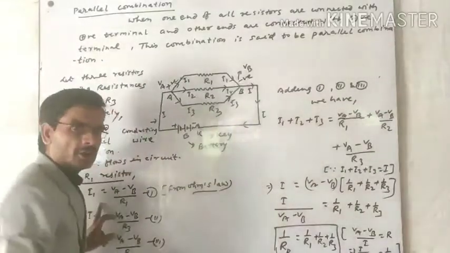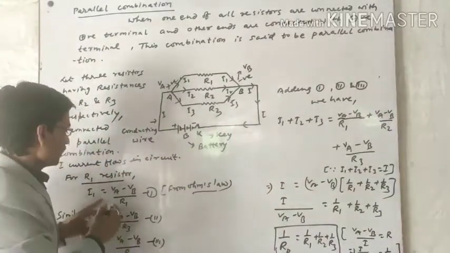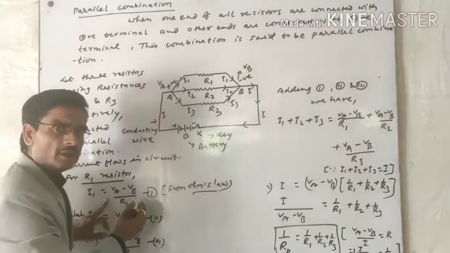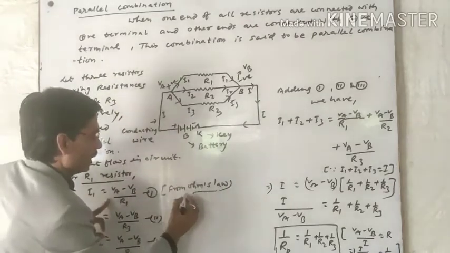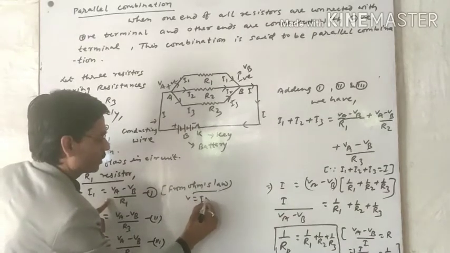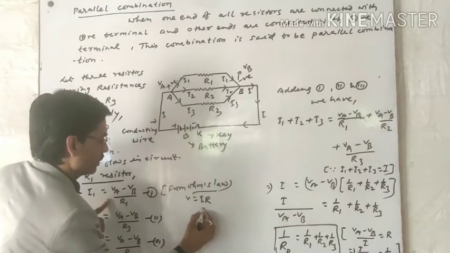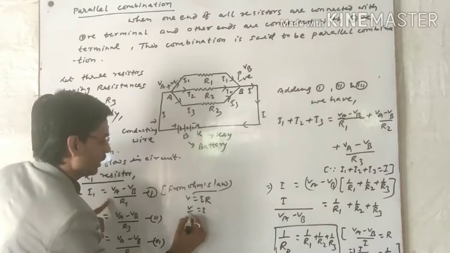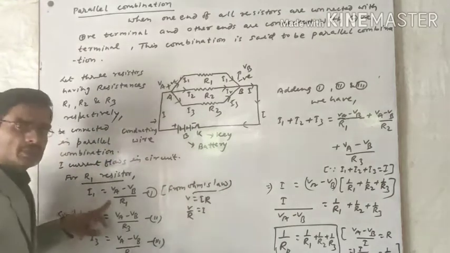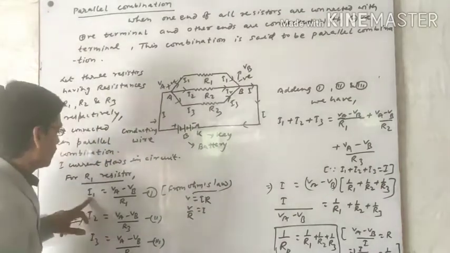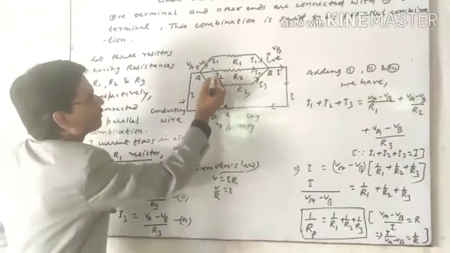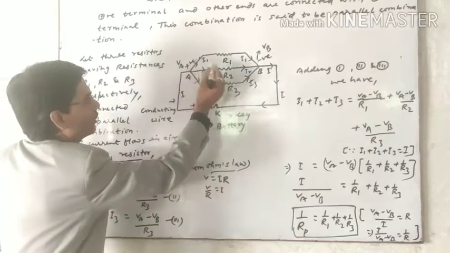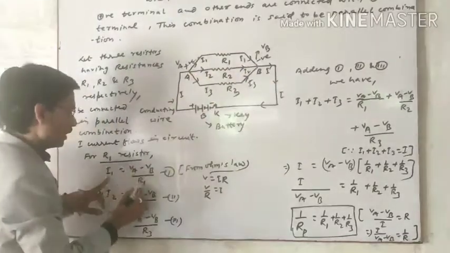I1 equal to VA minus VB by R1. We know that V equal to IR होता है, तो I बराबर क्या होगा? V by R होगा. यहाँ भी मैंने वही लिखा है. I1 current flows through the first resistor R1, तो I1 बराबर VA minus VB by R1.